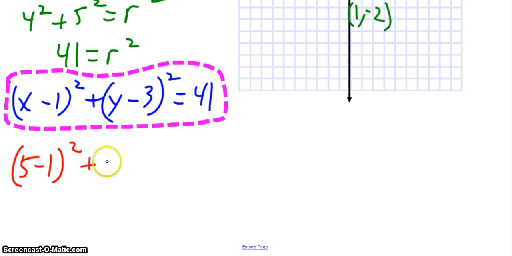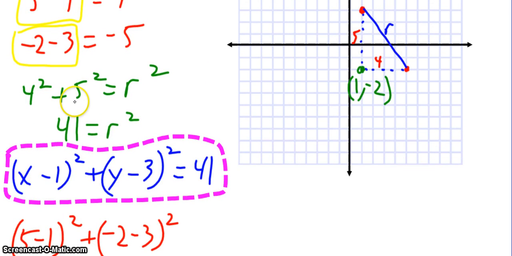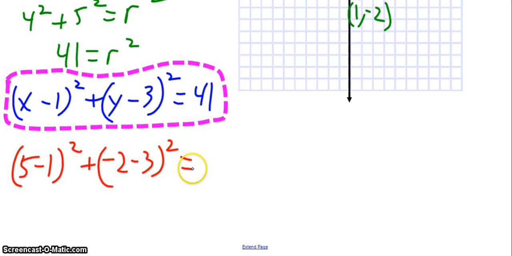This is the -2 minus 3 squared, which was my 5 squared. And then that equaled r squared, or 41. And so that hopefully shows you how the Pythagorean theorem, the distance formula, and the equation of a circle in standard form are all the exact same thing.